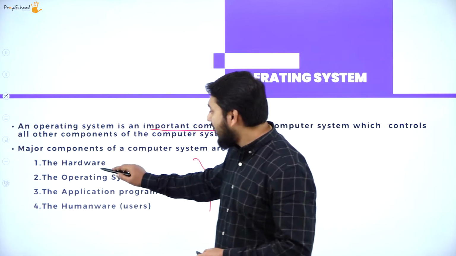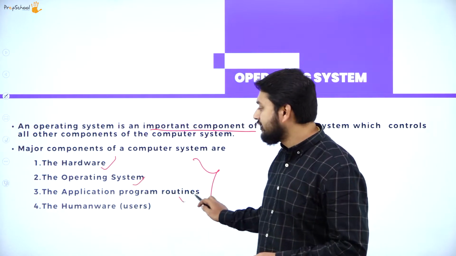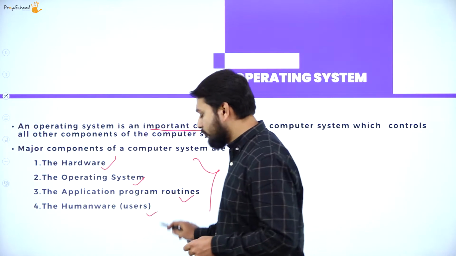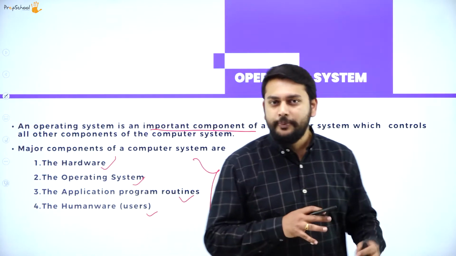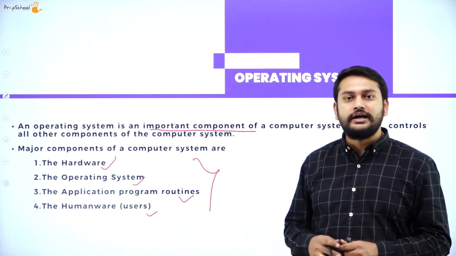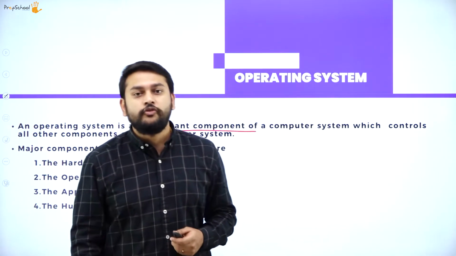The first one is hardware, the second is the operating system, the third is application program routines, and the fourth is humanware, that is, users. With all these things, the operating system is coordinating and managing all the tasks.